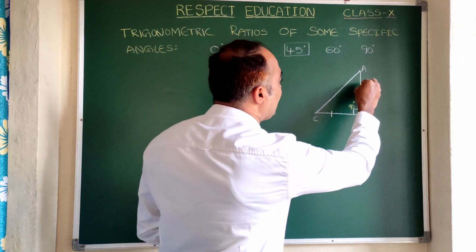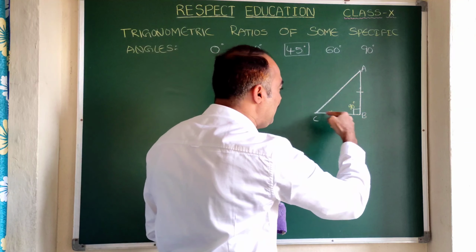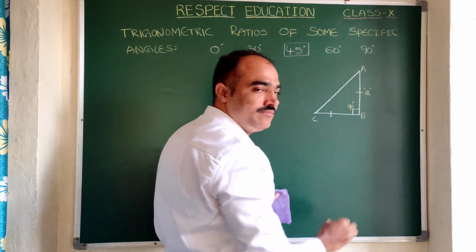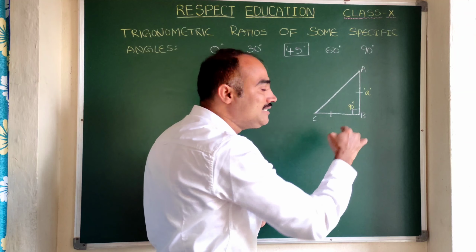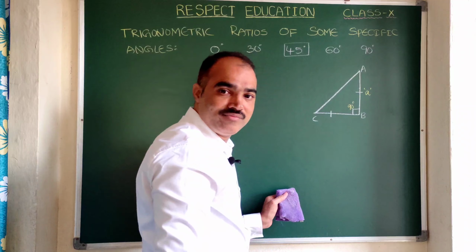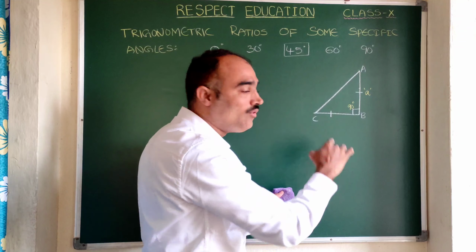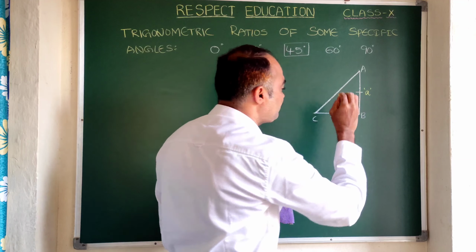Now here let us consider one of these sides, either AB or BC, as, for example, I am taking some small a units. If AB is small a and AB is equal to BC, then what is BC? This is also small a units.